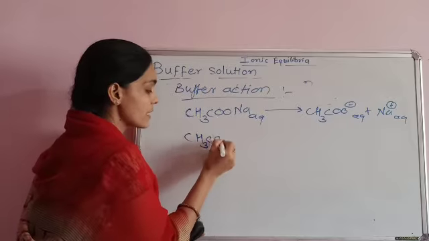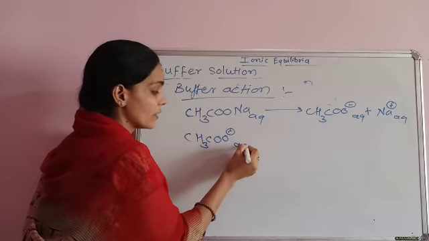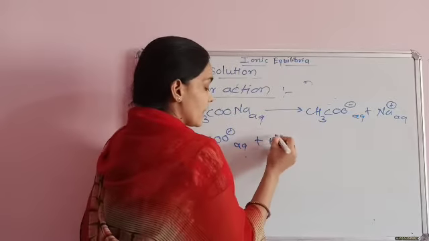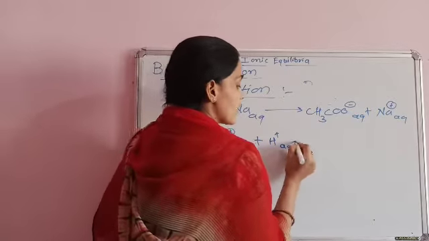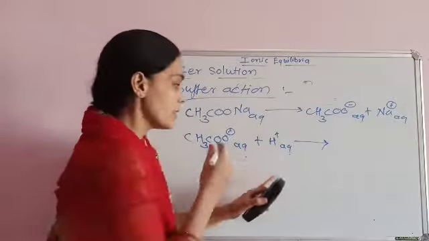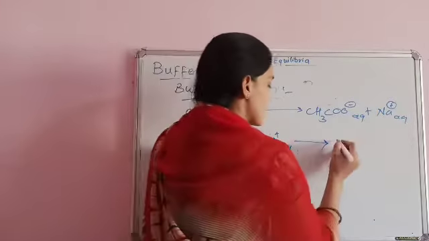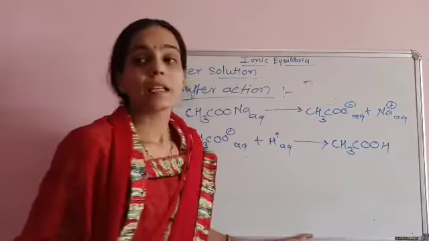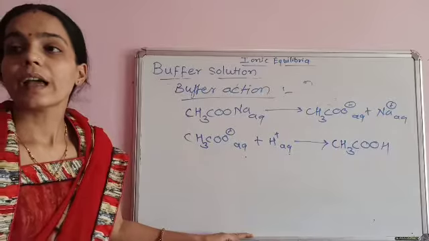The CH3COO minus ion in the aqueous medium accepts the added H plus ion, forming acetic acid.